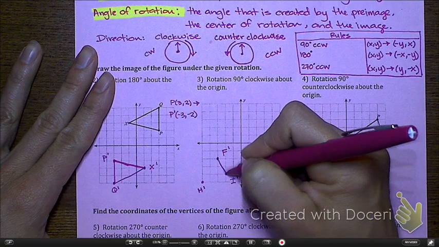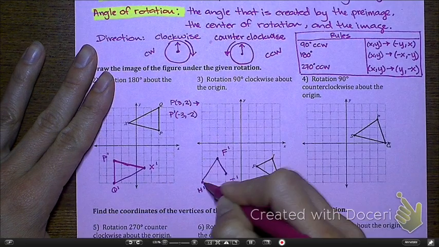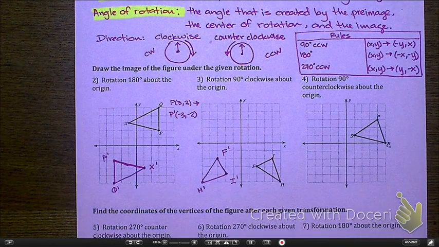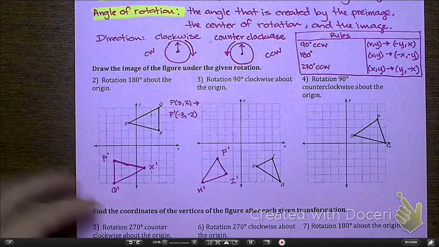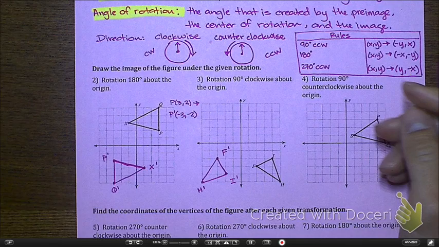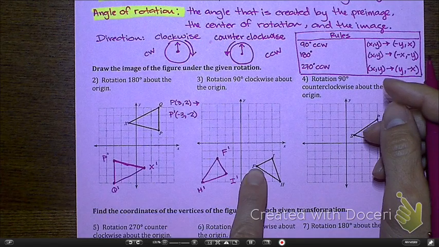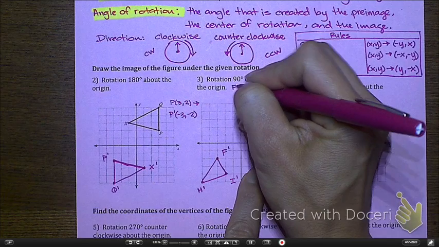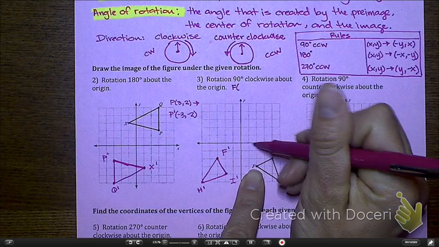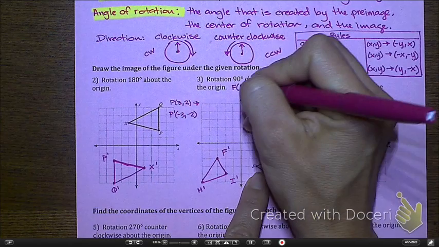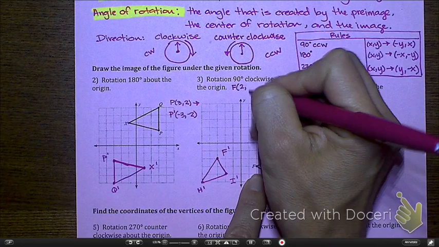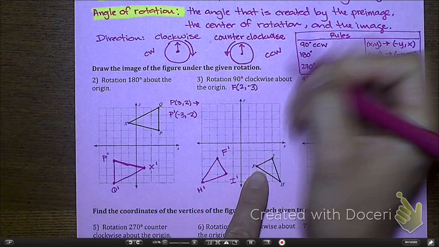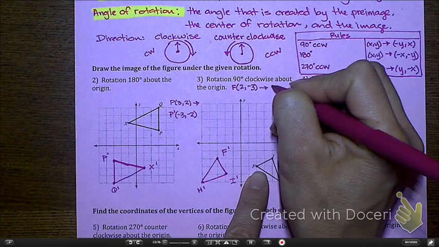Okay. So now, we said we didn't have a rule for this one, but I want you guys to notice what happens with some of these points. What was the original location of point F? If I were to write down F's coordinates, they are 2, negative 3. Okay, what was F prime?